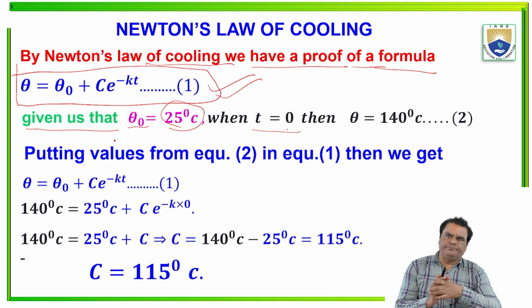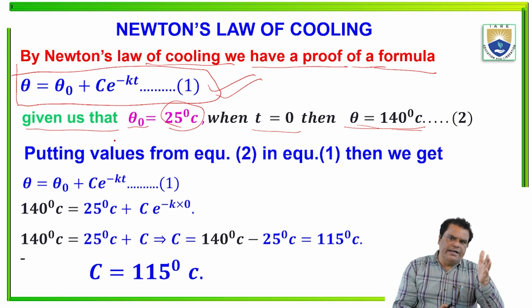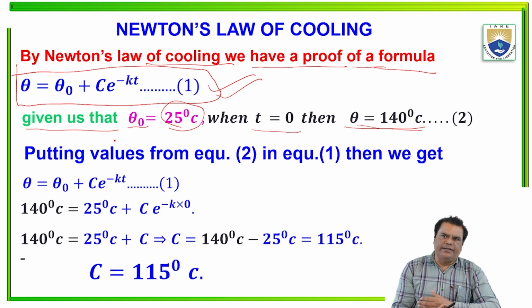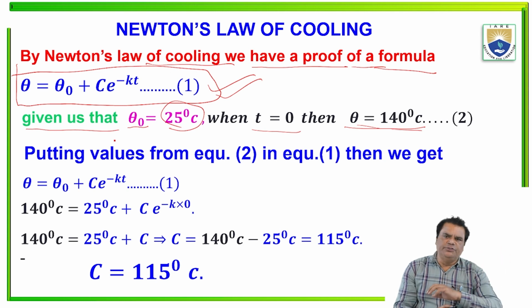Then the temperature of the body is 140 degrees centigrade. Temperature of the air medium is 25 degrees, temperature of the body is 140 degrees centigrade, and t equal to 0.